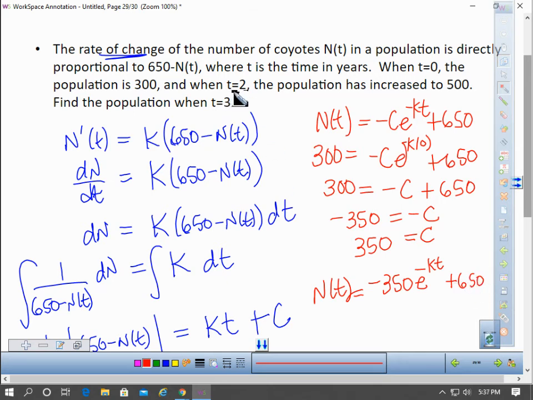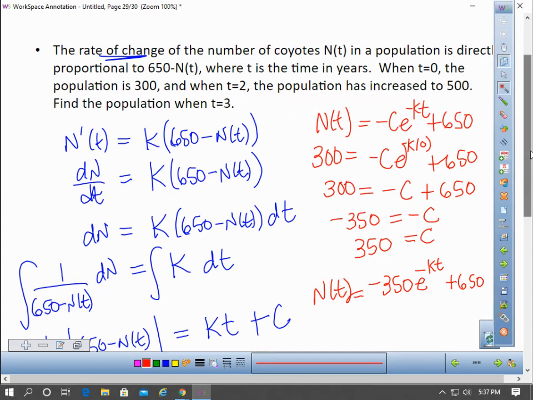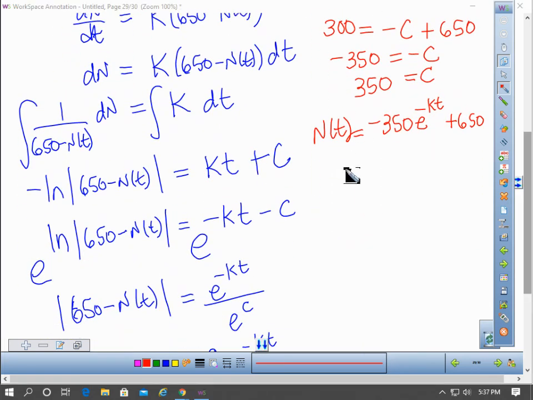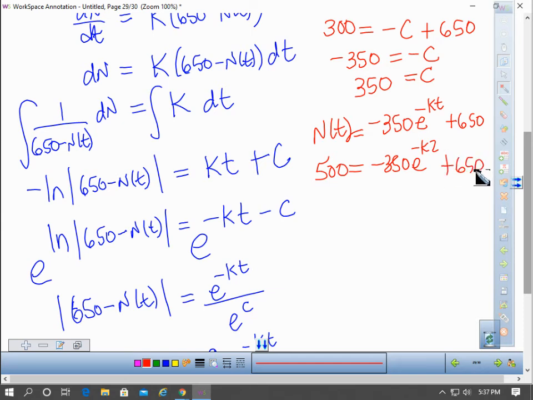Then it says when t is 2, the population has increased to 500. So now we need to put in a 2 and a 500, and that'll help us find k. So 500 is what I get, negative 350, when I put a 2 in, e to the negative k times 2 plus 650.